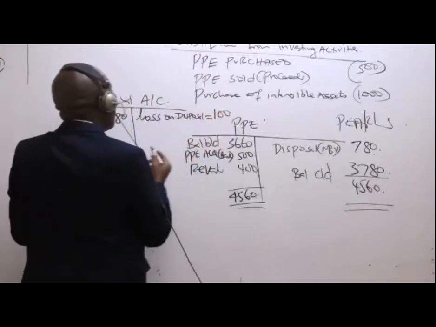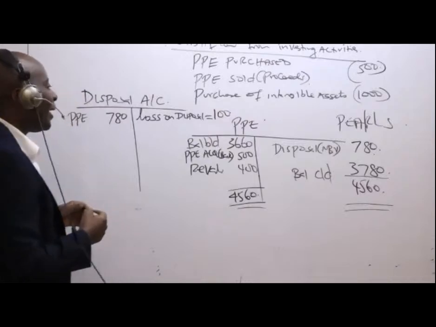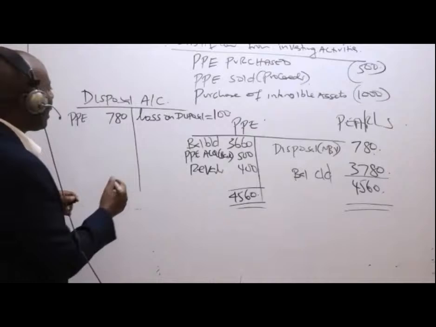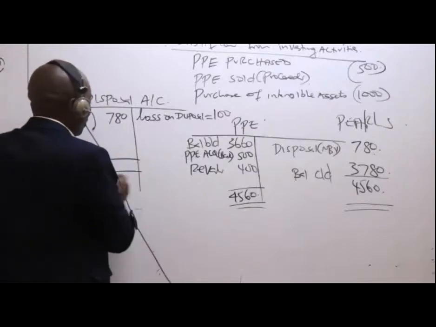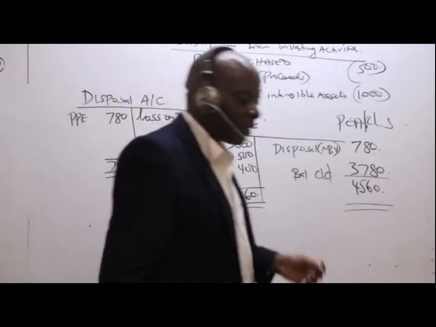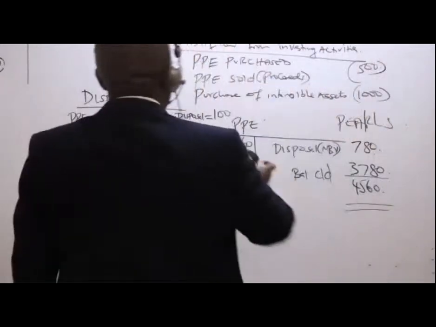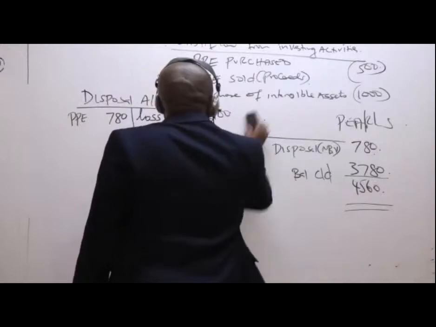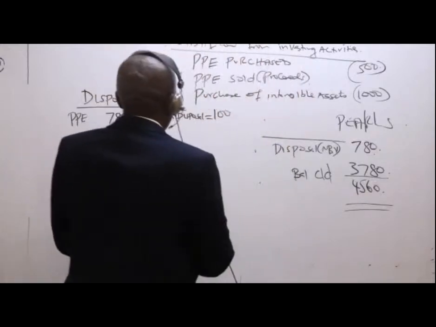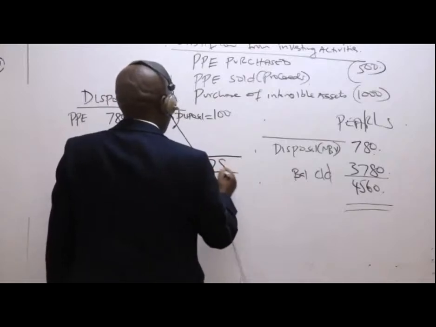So could you kindly go ahead and do the balancing. When you do the balancing, what do we have, ladies and gentlemen? We have 780 here, 780 here, 780 there as well.